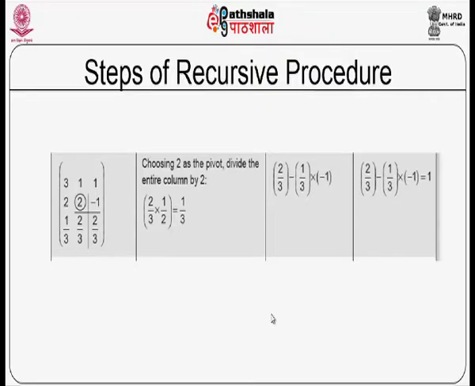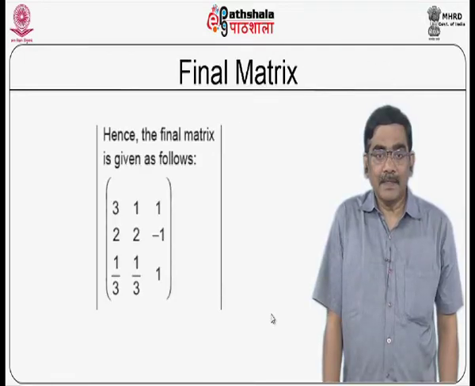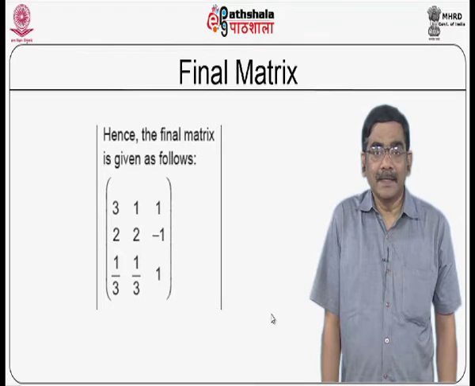Now A22 is only one element, 2 by 3. The updating procedure is 2 by 3 minus 1 by 3 multiplied by the one element in the second quadrant, which is minus 1. After performing all these operations, we get 1. Now you can see that the final matrix is given like this.